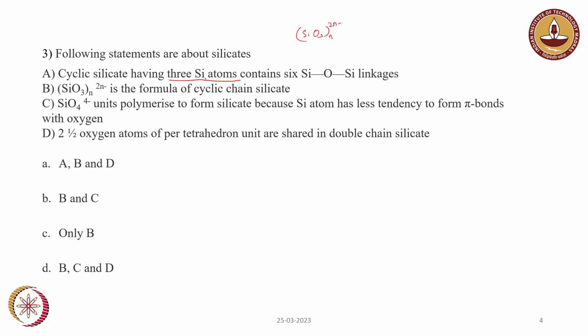Given 3 Si atoms, it should be Si3O9 6 minus, with n equal to 3. We have already seen Si3O9 in the first question: Si, O, O, Si, Si, O, O, with O minus, 2 O minus on each silicon.